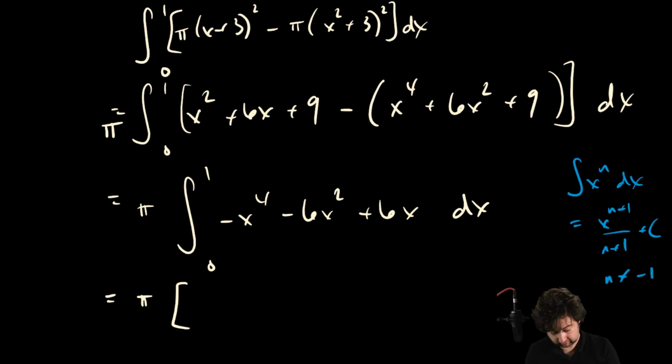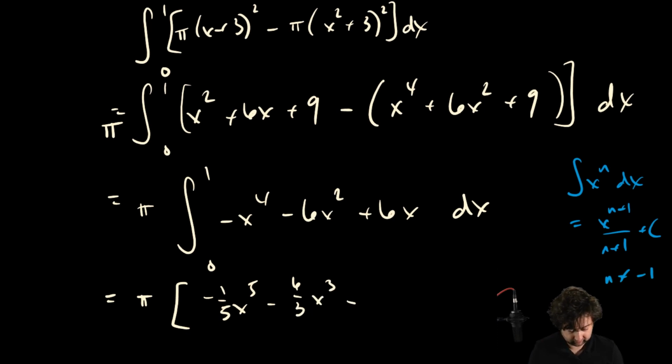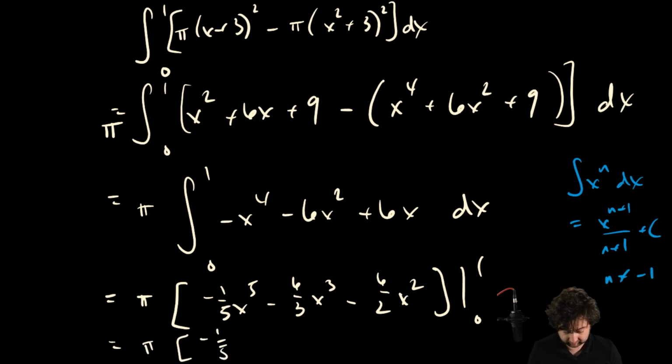So this is minus 1/5 x to the 5th minus 6/3 x to the 3rd plus 6/2 x squared, evaluated from 0 to 1. If you punch through with the 1, you'll get pi times minus 1/5 minus 2 plus 3, and this is supposed to be positive.